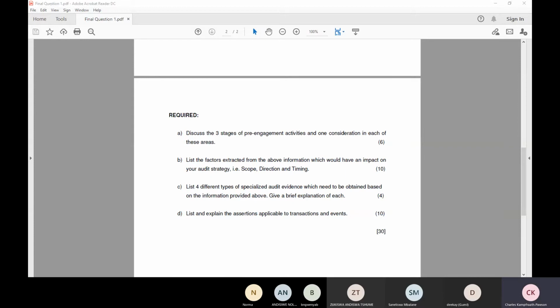That would be the scope. So if we have the experience and we have experts to audit.